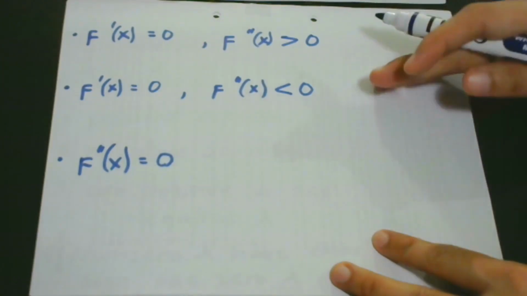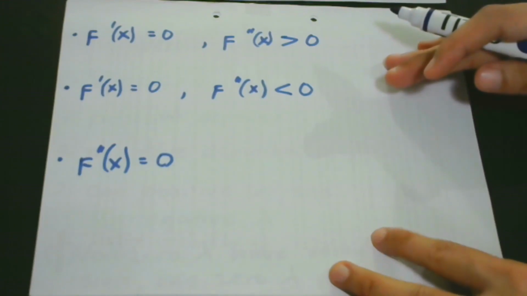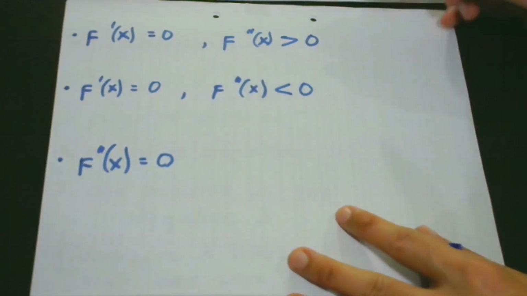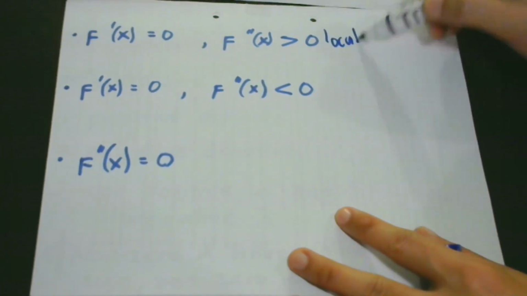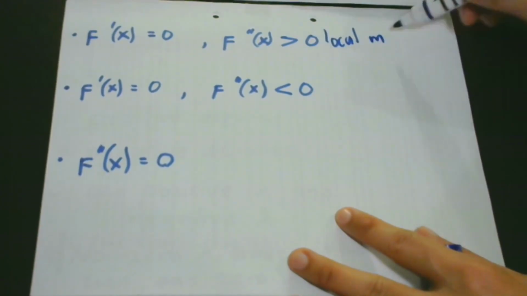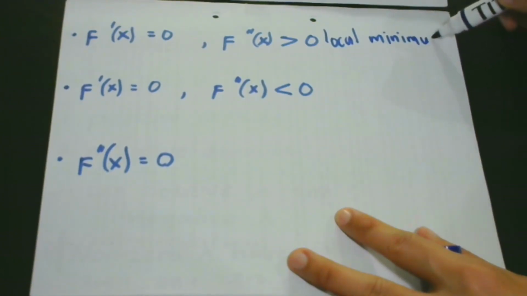If this is the case, then x here is considered a local minima, or minimum, depending on how many points you have.